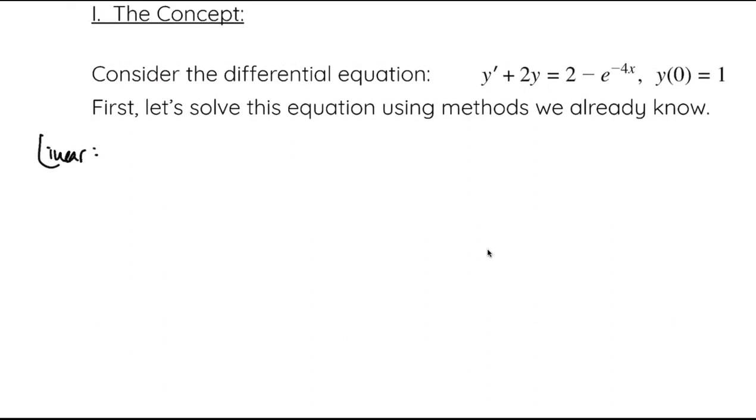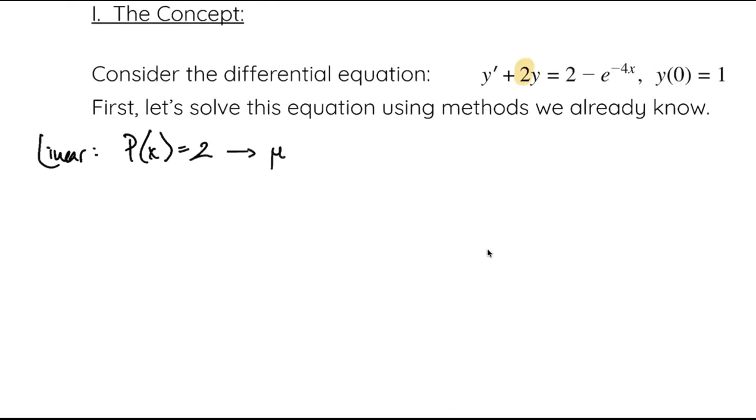we are going to go ahead and find our p of x so that we can find our mu of x, or that magical multiplying factor, the integrating factor. Okay, so p of x, if I look at my equation, is just going to be the function that is the coefficient of the y term. So p of x in this case is 2.